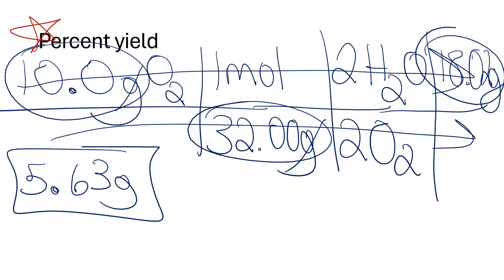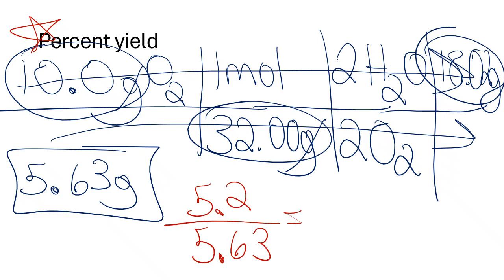In the question, I say 5.2 grams of water is formed. So if you form 5.2, and you should have formed 5.63, you can get a percent yield. Divide the 2, and multiply by 100, and I'm getting 9.2%, or I'm sorry, 92%.